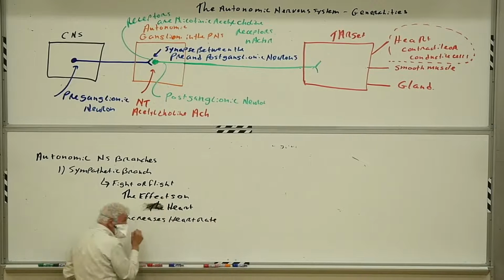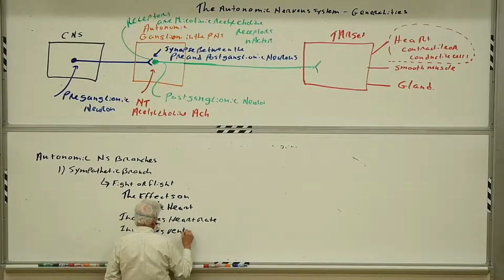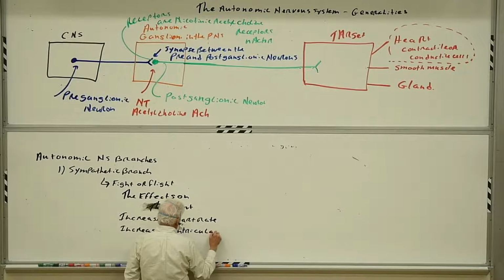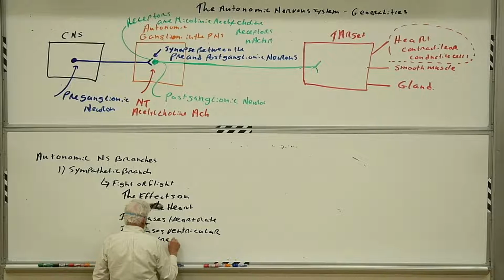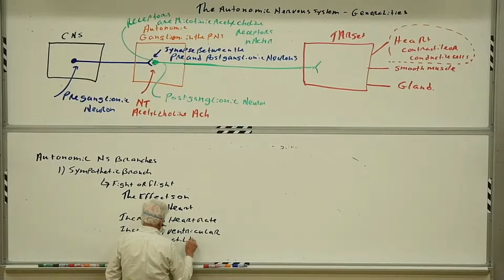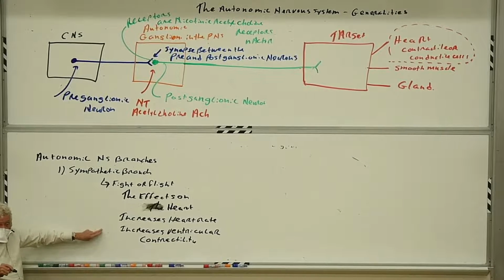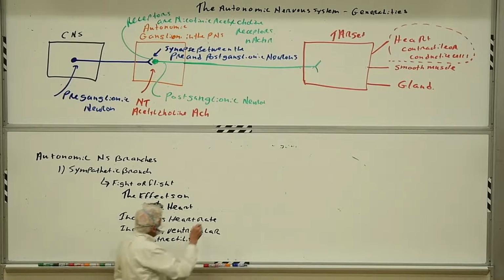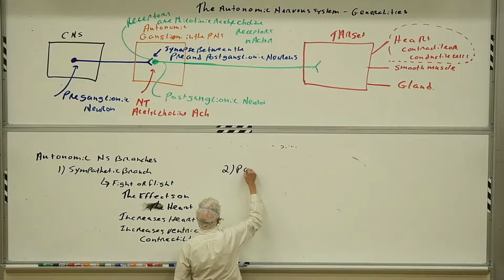And as a more subtle effect, it increases ventricular contractility. That's a fancy term simply to say that the ventricular contraction will be stronger, and we'll see molecularly how that's going to happen.